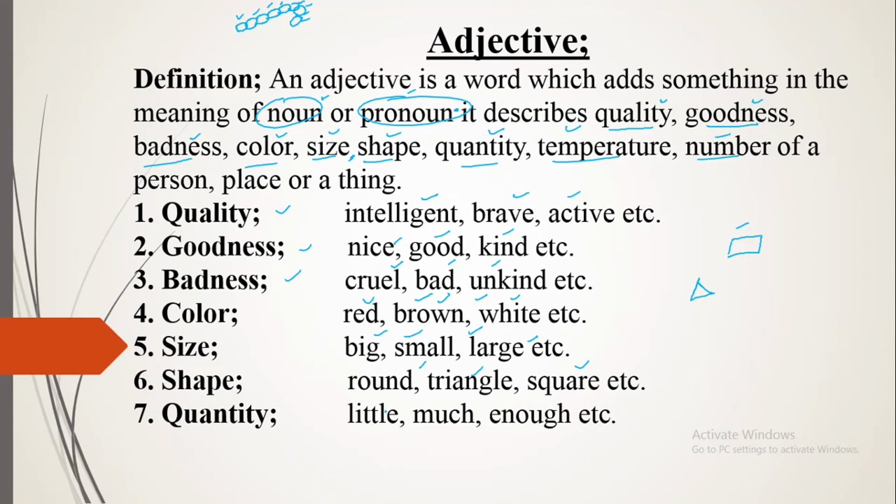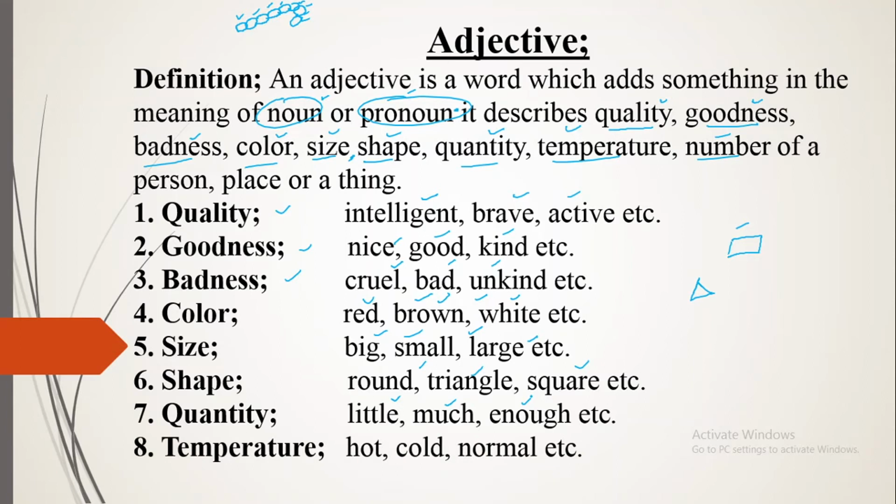Quantity: like I said, little. There is little water in the glass. I have much petrol in the tank, and he has enough sugar in the kettle. So much, little, and enough are describing the quantity of noun and pronoun. Next we have got temperature.